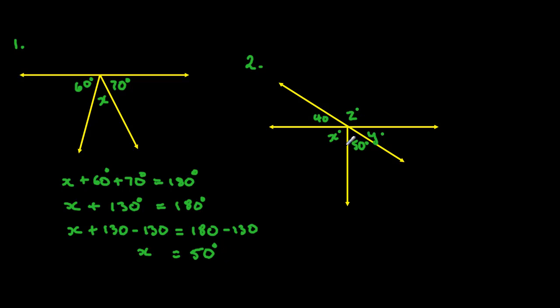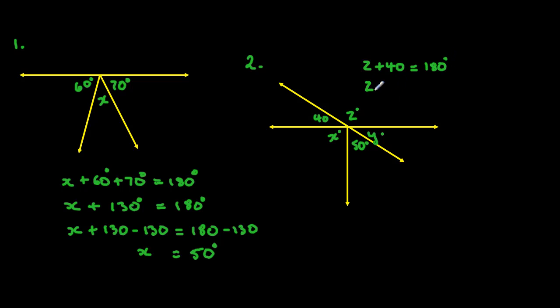What about this one here? Well, it seems complicated, but it's really not. Now let's have a look, for example, at z. Z is part of a straight line. So z plus 40, they're supplementary angles. So let's write this out up here. So z plus 40 is equal to 180 degrees.